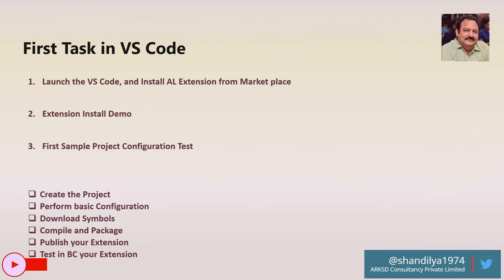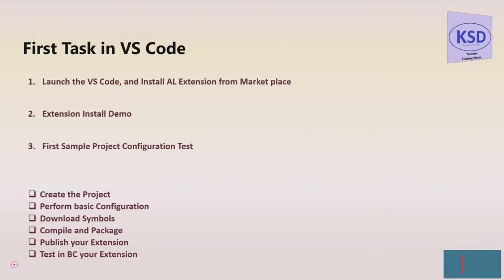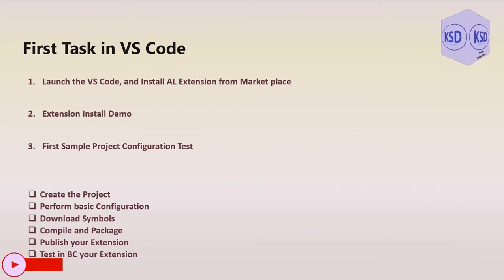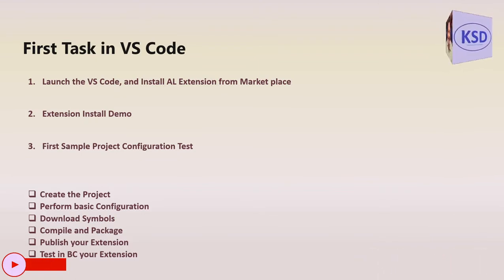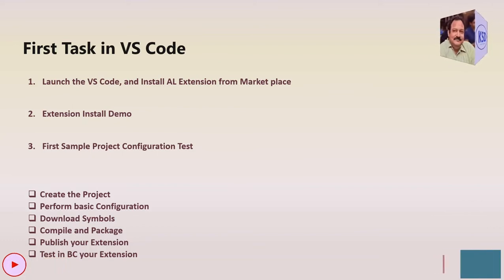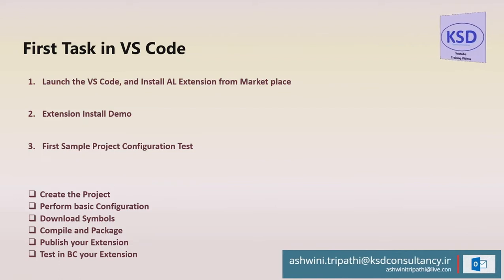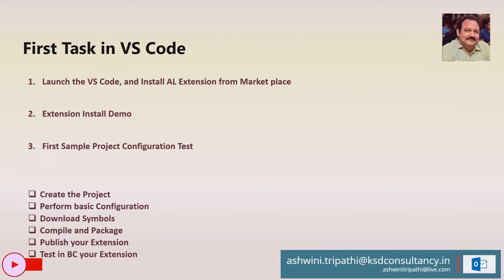So in the next video, we are going to see how to create the project, perform the basic configuration, and then download the symbols, because without this, whatever you write will not be recognized by VS Code.